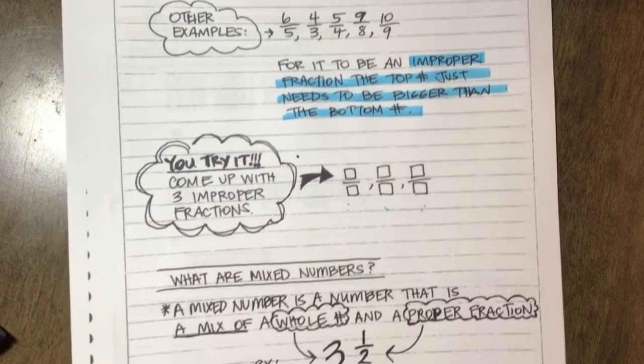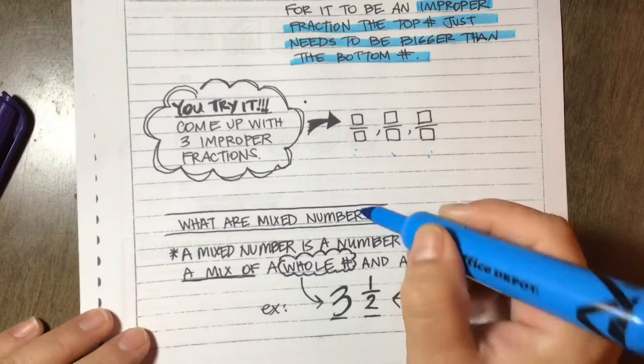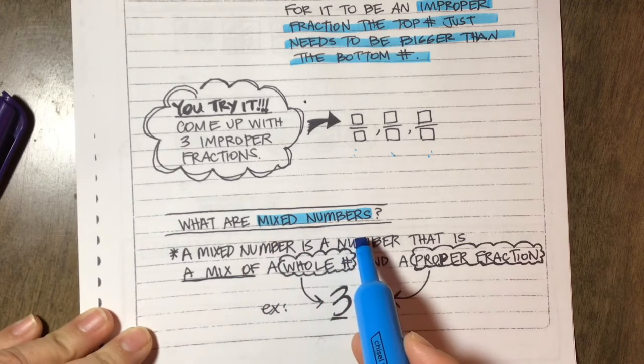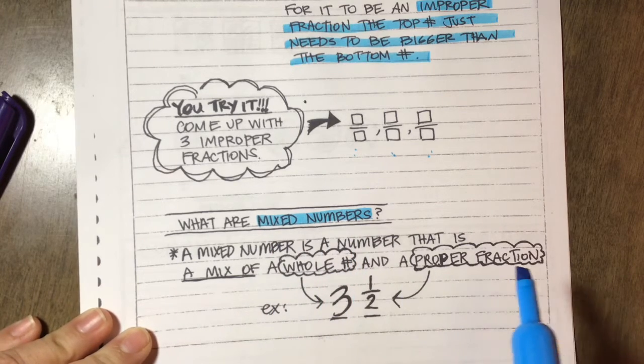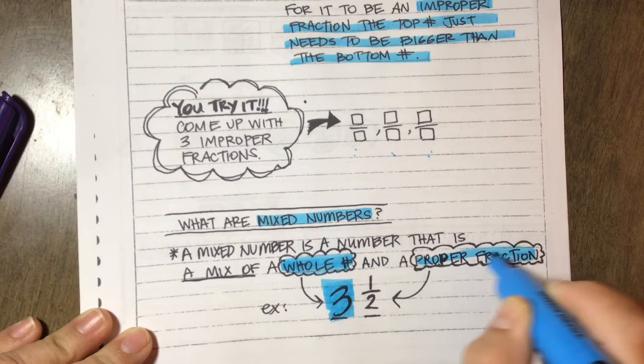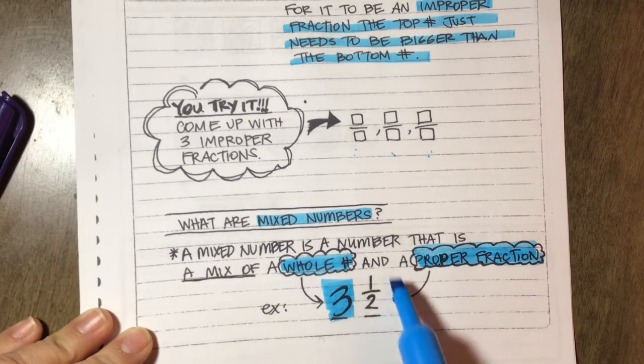The next thing we're going to be talking about is mixed numbers. Mixed numbers, this is really simple here. A mixed number, it's much like the title. It's literally numbers that are mixed together. And what this mix consists of is a whole number, which you see, for example, here with 3 and 1/2, and a proper fraction. You notice how it says proper fraction. That means that when it's an improper fraction here, it's not written correctly.